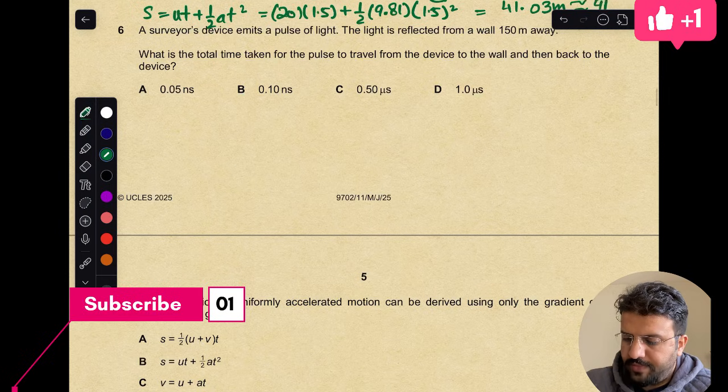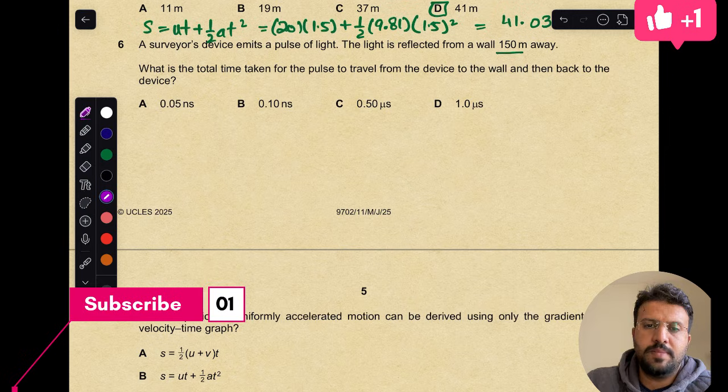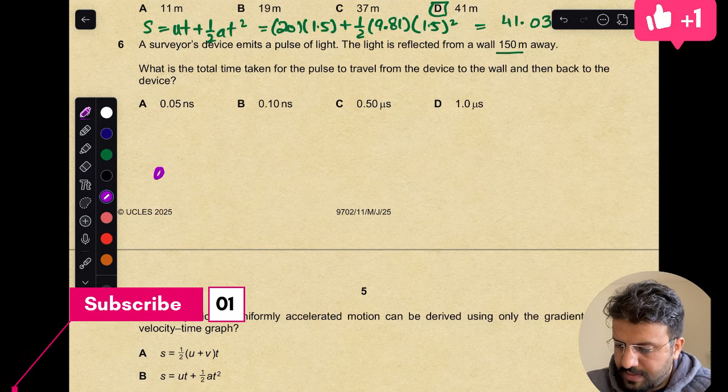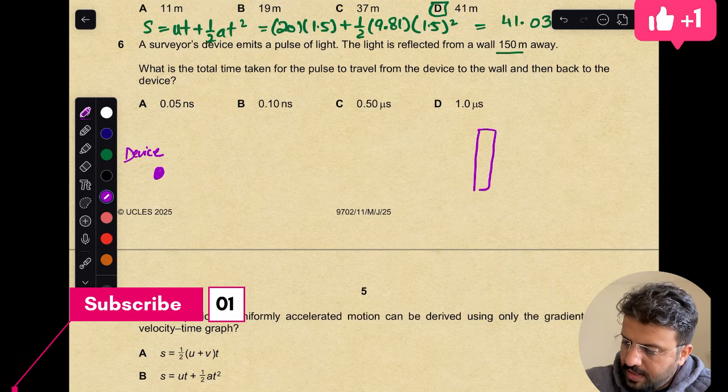In the next question, a surveyor's device emits a pulse of light. The light is reflected from a wall 150 meters away. Let's try to consider the scenario first. Suppose there is a device placed and there is a wall.